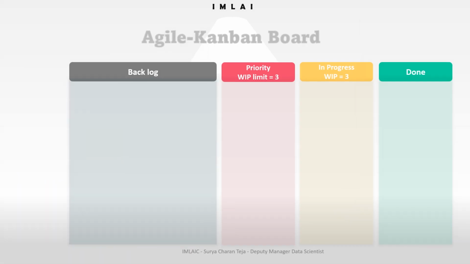So, the Agile Kanban board. In the early to mid 2000s, David Anderson established the Kanban method in reaction to some of the issues of the other agile methodologies. So why this Agile Kanban board?